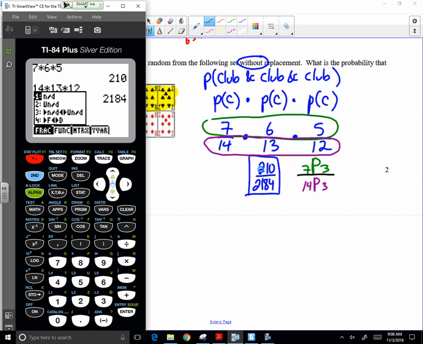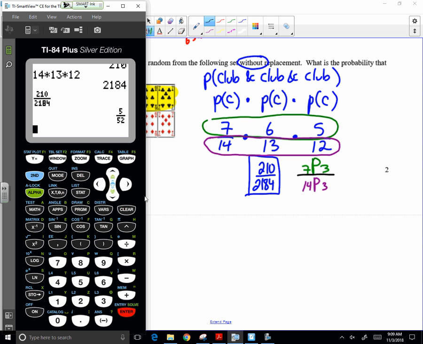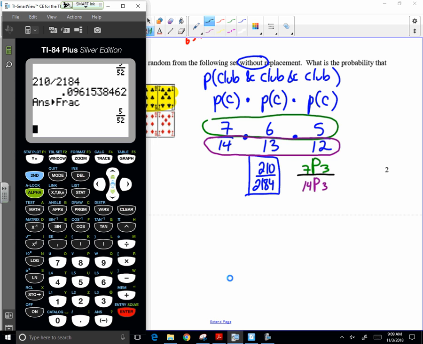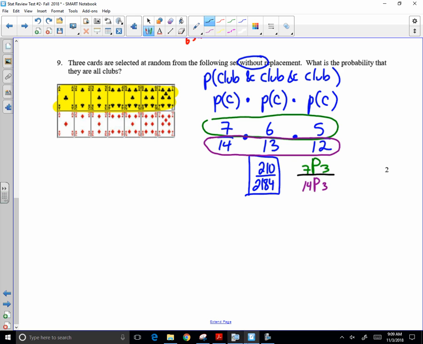If you want to go from a fraction to a simpler fraction, then you could use a fraction tool and just type in the 210 over 2184, and it'll automatically simplify it for you. If you have the decimal and you want to go to fraction form, that's where the math frac comes into play. Math, enter, enter. Either way.